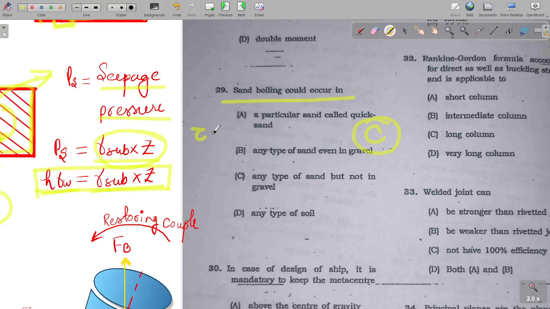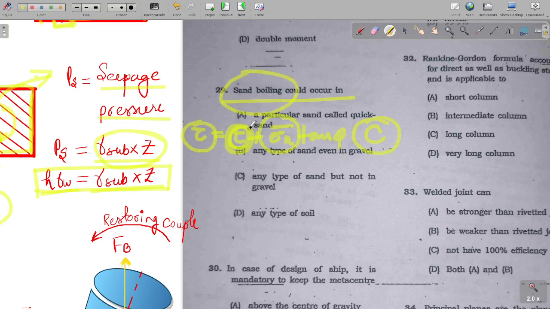The shear strength equation of a c-phi soil is c plus sigma n bar tan phi. So there is cohesion as well. Even if the second component becomes zero, when effective stress becomes negated, the cohesion component is still there. So this will prevent any sand boiling or quicksand condition.